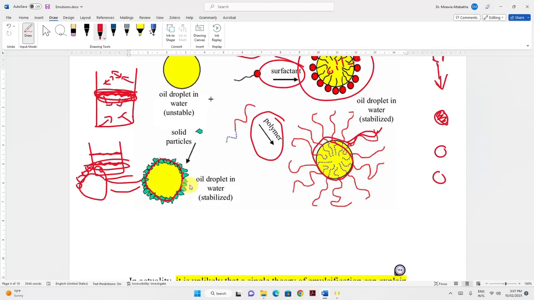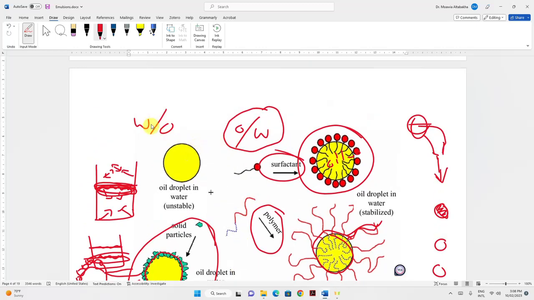But if the proportion of water is more, then you will have oil in water emulsion. So it depends mainly on the proportion of the external phase and the internal phase. The higher one will be the external one.